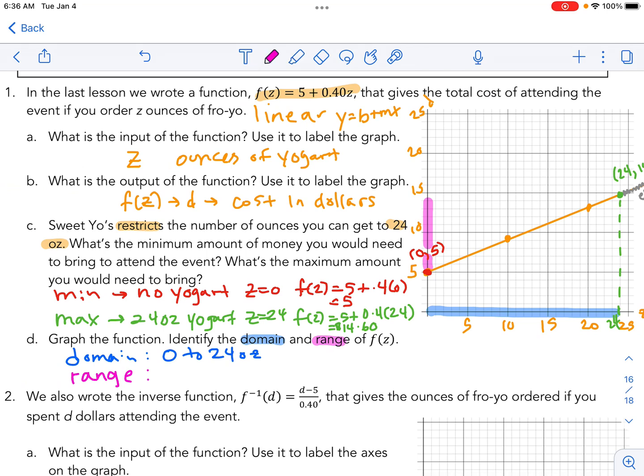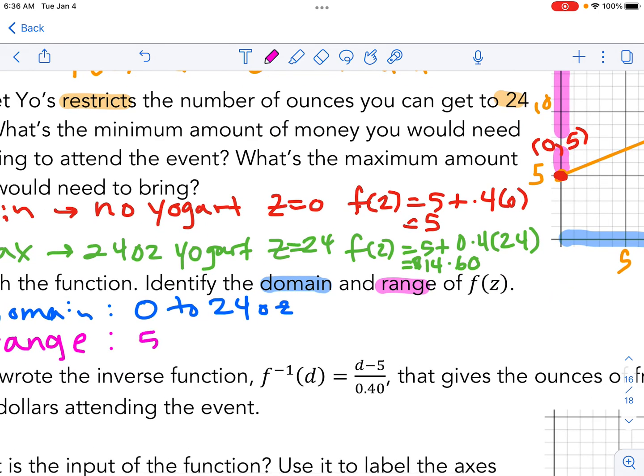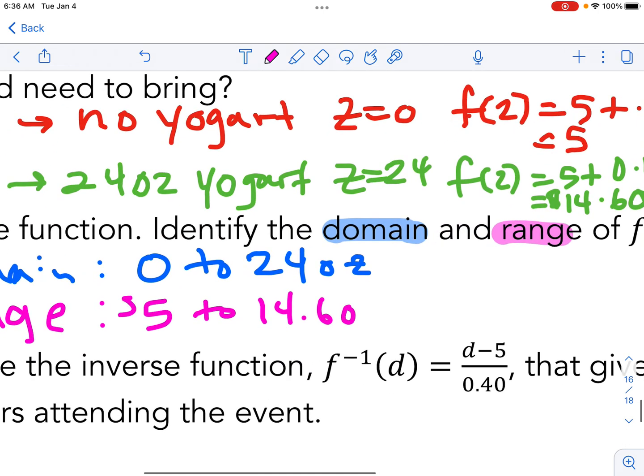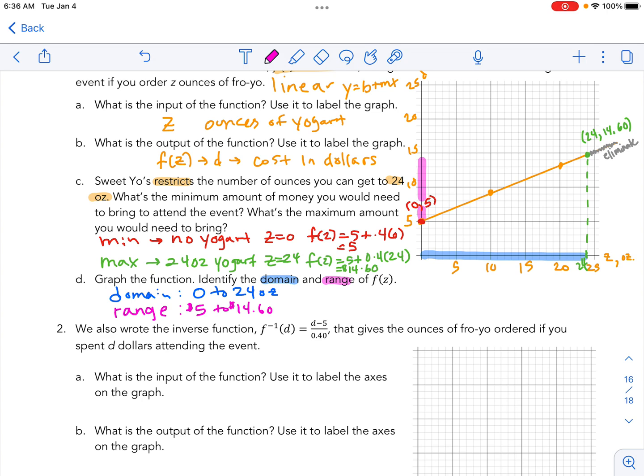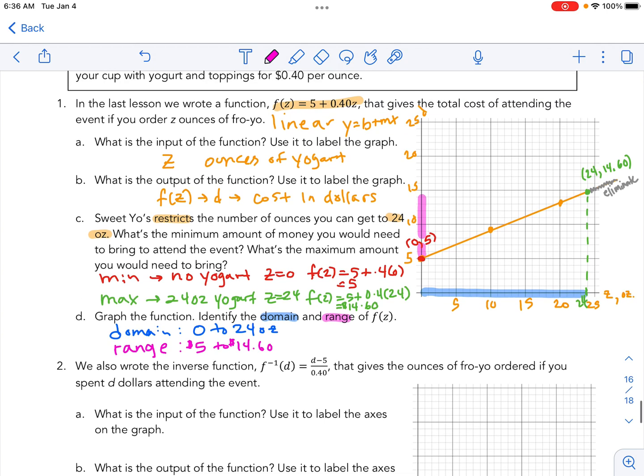So from 5 to $14.60 is going to be our range. That's dollars. Okay, and so that's our relationship as we stated it using that function that relates the amount of frozen yogurt to the cost that you're going to incur for the evening.